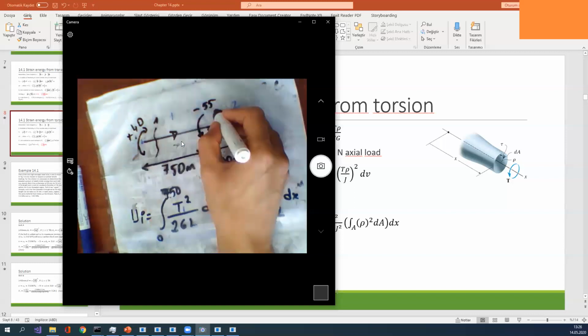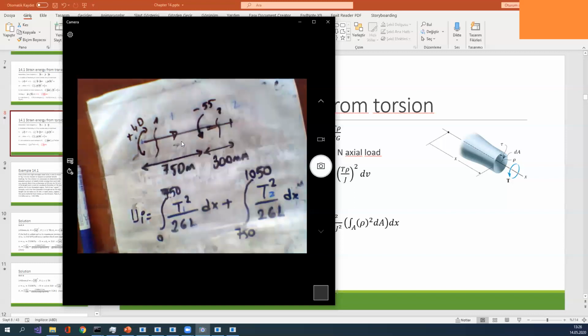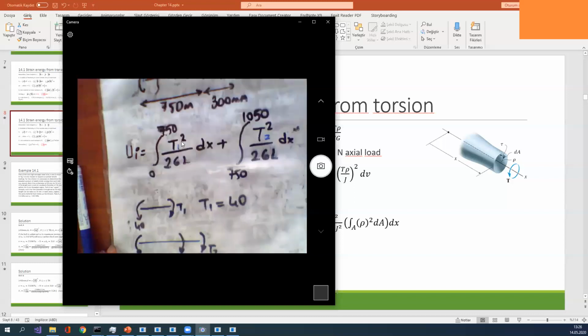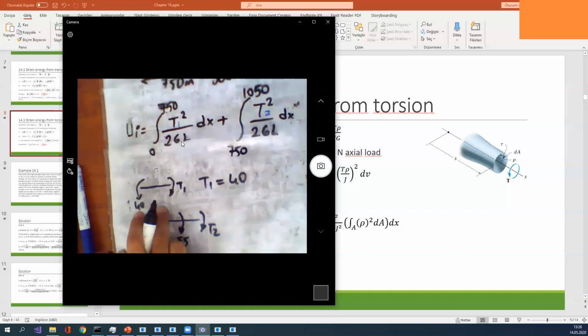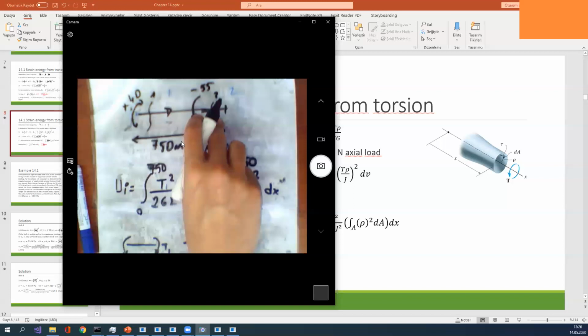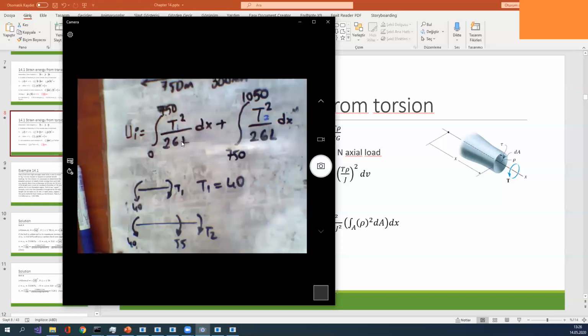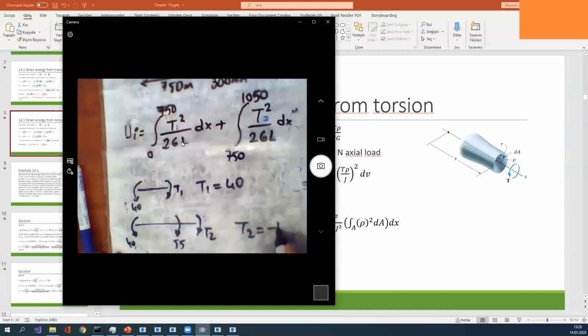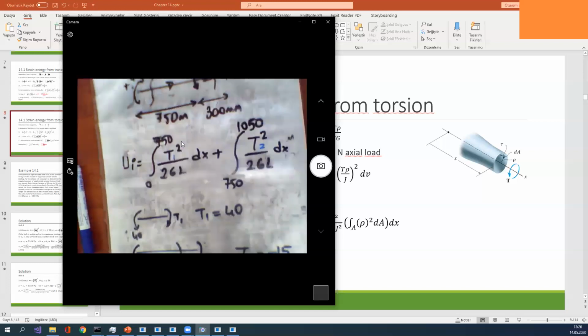This is part 1 and part 2, and this is 40, this is 55, and this is T2. Sorry, I badly drew this. T1 is 40, and after taking cross section 2, T2 is minus 15.